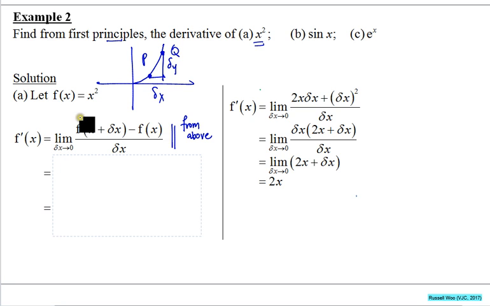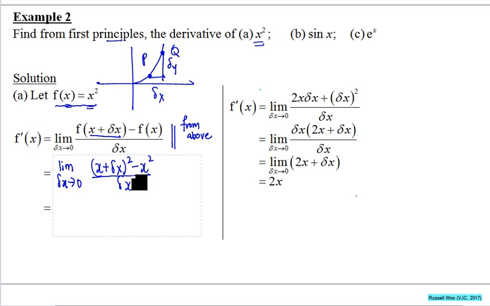Now, what actually is f? In this case, f(x) is x squared. So let's rewrite this. It means delta x tends to 0. f(x) is x squared. f(x plus delta x) is (x plus delta x) whole squared, minus x squared, divided by delta x.